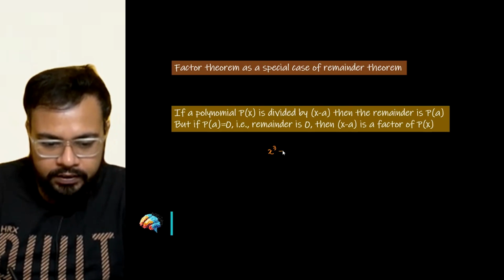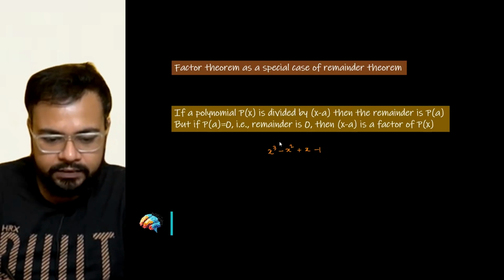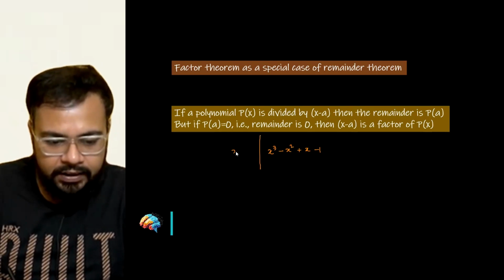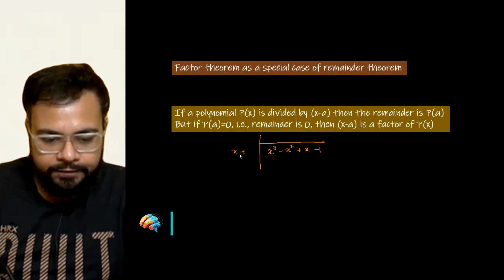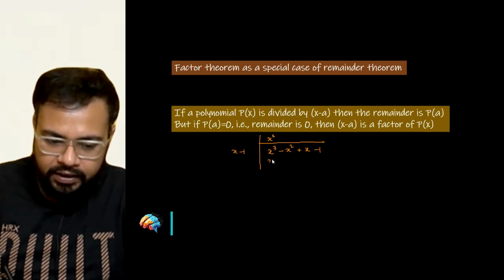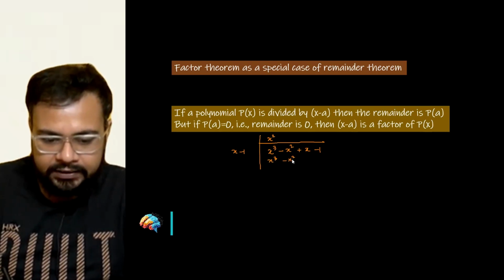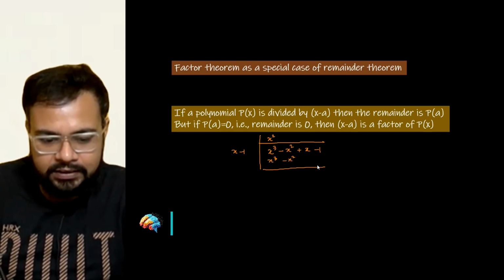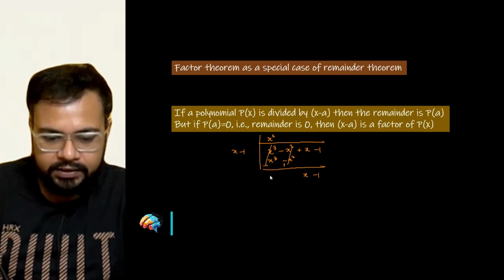If we divide, let's see what we get. x cube minus x square plus x minus 1, dividing it by x minus 1. First, to match the leading term, we multiply with x square. So this gives us x cube minus x square. Both the terms are getting cancelled. We get here x minus 1.